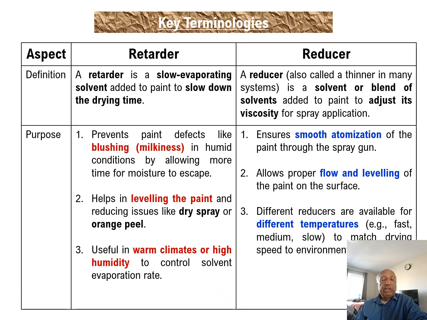It is useful in warm climates or high humidity to control solvent evaporation rate. Whereas reducer, it ensures smooth atomization of the paint through the spray gun. It allows proper flow and leveling of the paint on the surface.